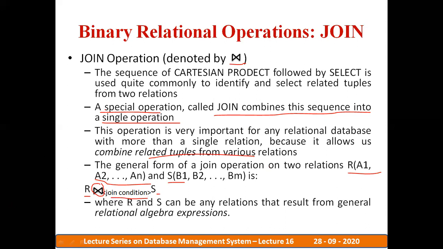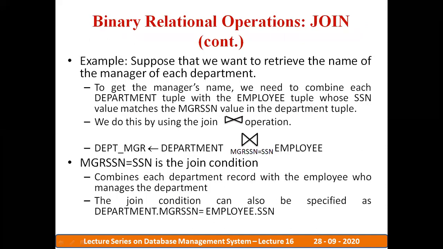Now, as you can see, R and S can be any relations that result from a general relational algebra expression. For example, suppose we want to retrieve the name of the manager of each department. Each employee's name is obviously in the employee table, that is the first name, middle initial, and last name.